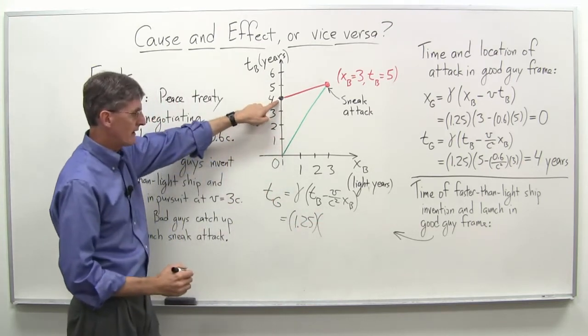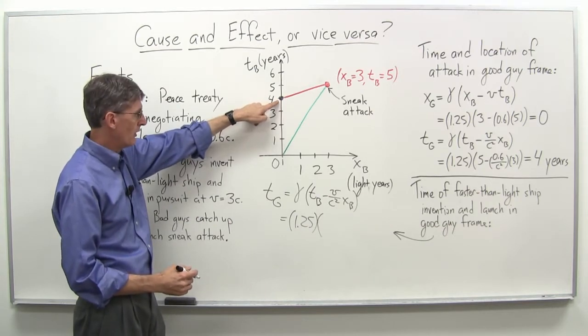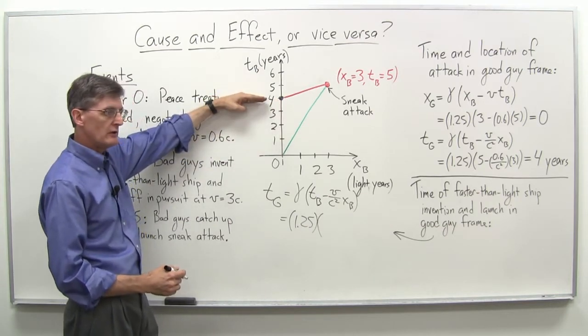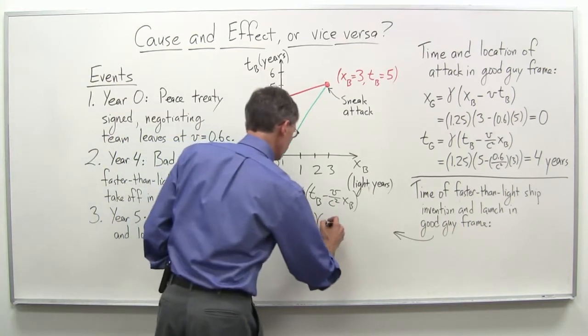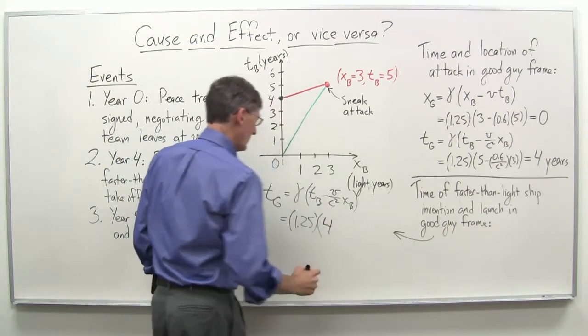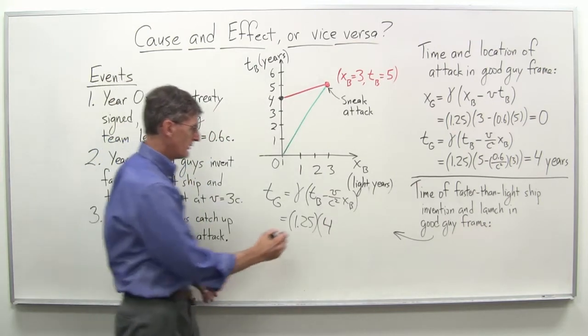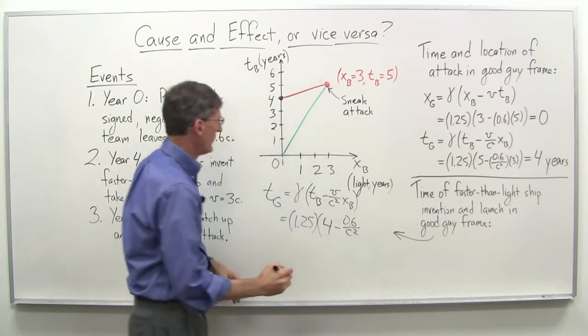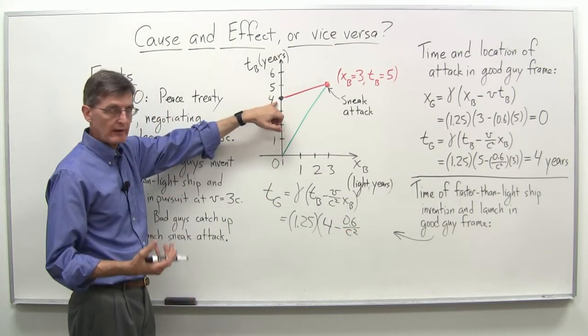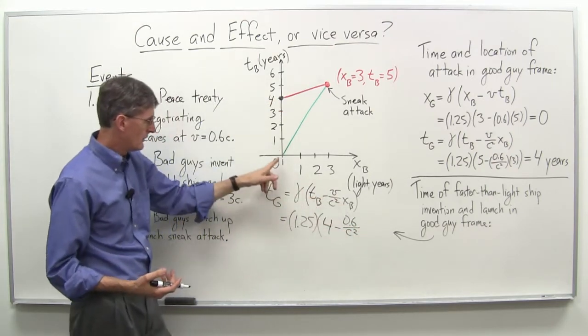What time does that occur in the bad guy's frame? Well, it occurs at t equals 4, right? That's the time that occurs, so it's 4. And then minus 0.6 over c squared. And where does that launch occur in the bad guy's frame? The x sub b coordinate? It's just at 0.